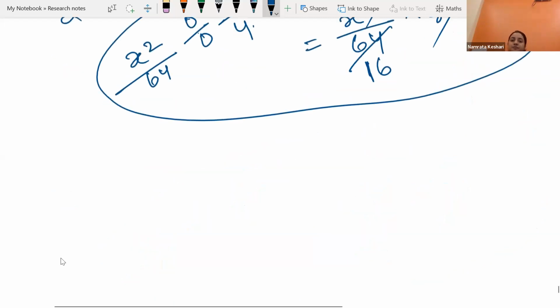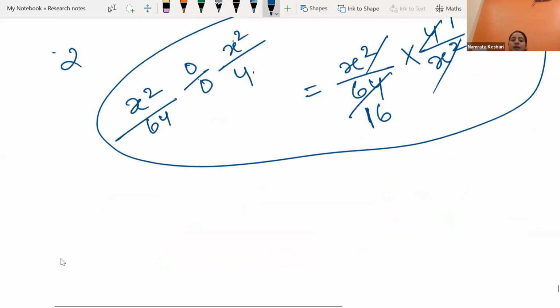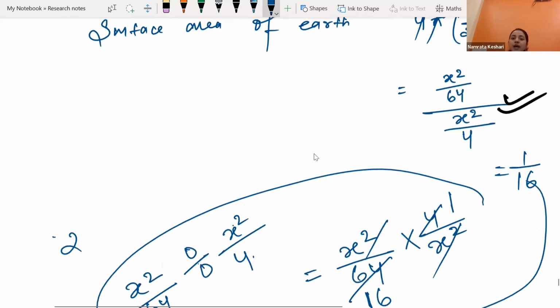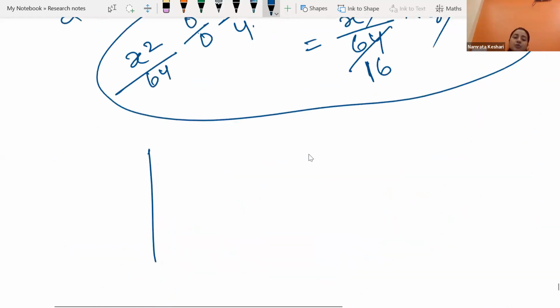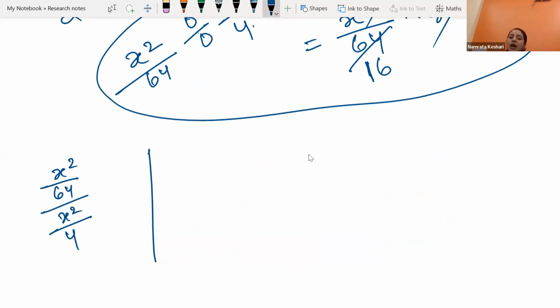Now the short trick. Whenever you are having fraction by fraction, like this one, x square by 64 by x square by 4, the outer numbers, like this 4 and x square, the extreme ends, the top one and the last one at the bottom, these two will multiply together and sit in the numerator, and the inner numbers will multiply together and sit in the denominator.